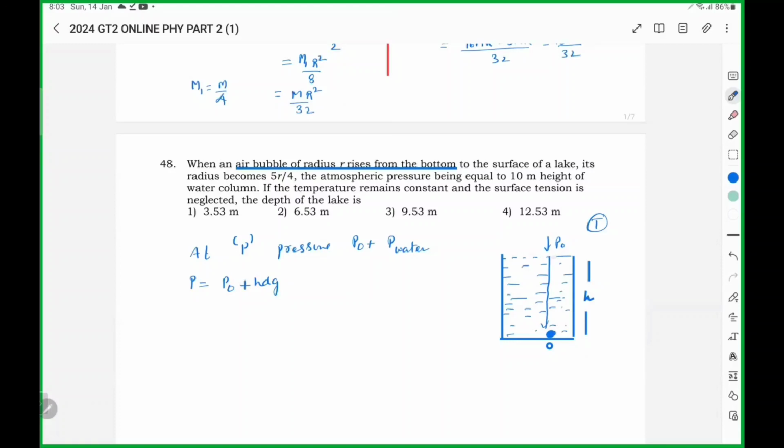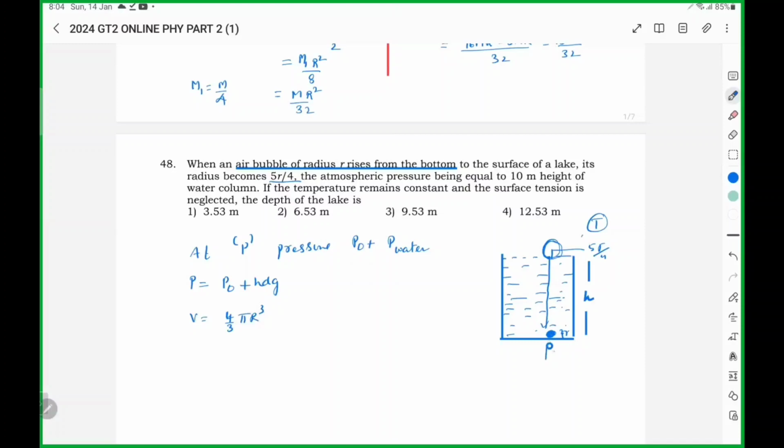When it comes to the surface, he told that its radius increases. Originally it is a spherical shape with radius r, and volume 4 by 3 pi r cube.